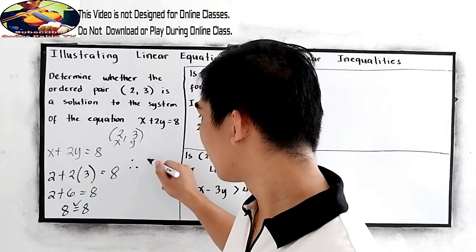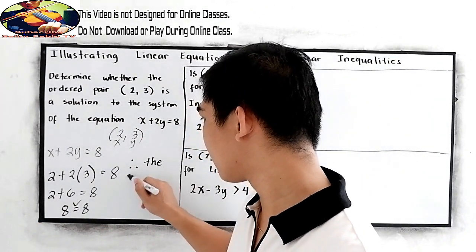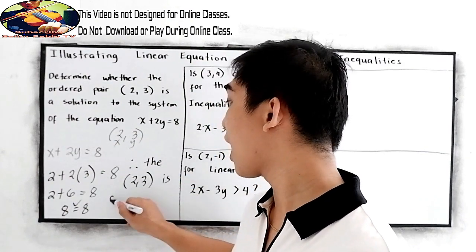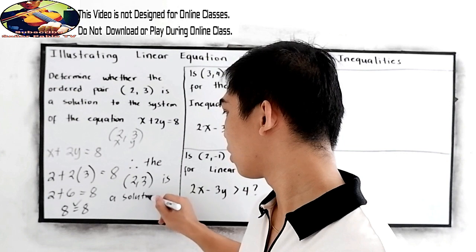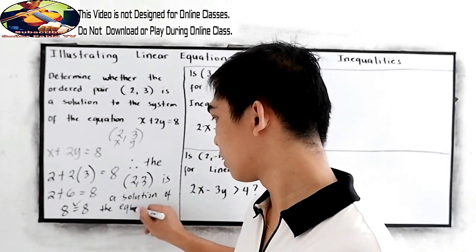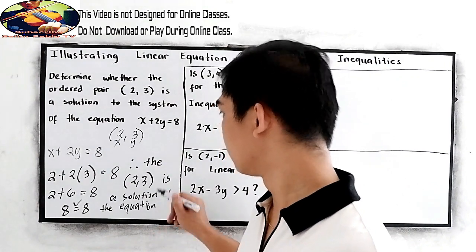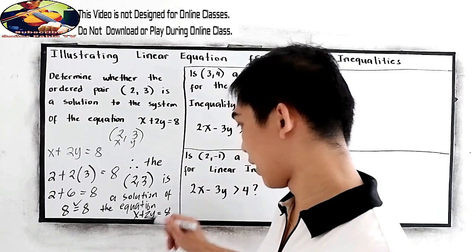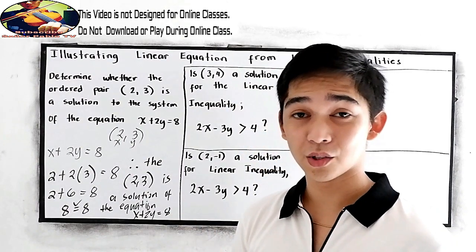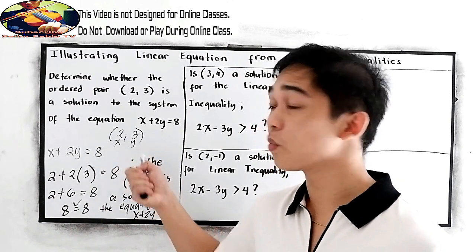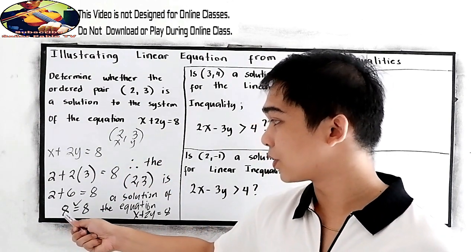Therefore, the ordered pair 2, 3 is a solution of the equation x plus 2y is equal to 8. Why is it a solution? Because if we test by substituting the values for x and y, we will come up with an equal answer.